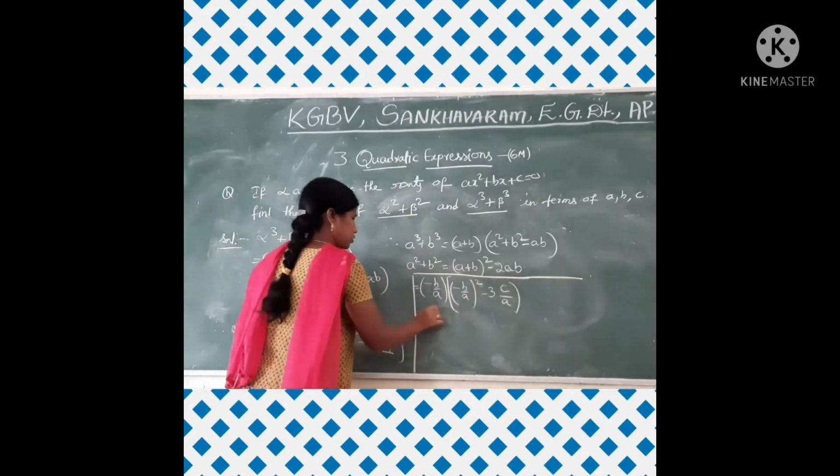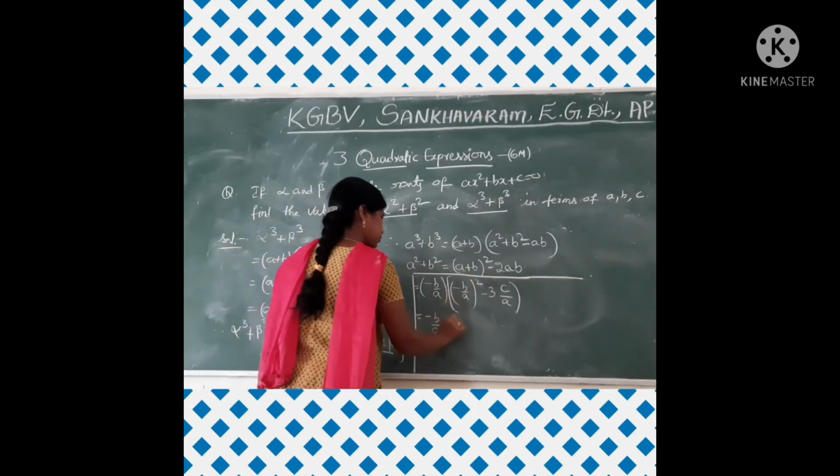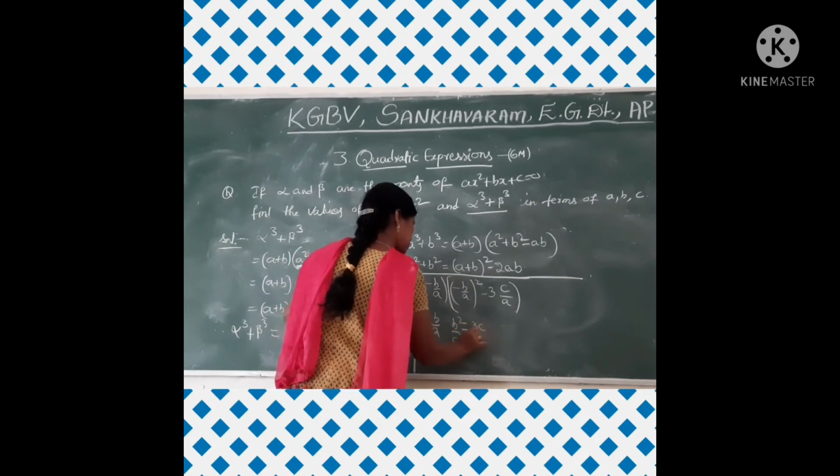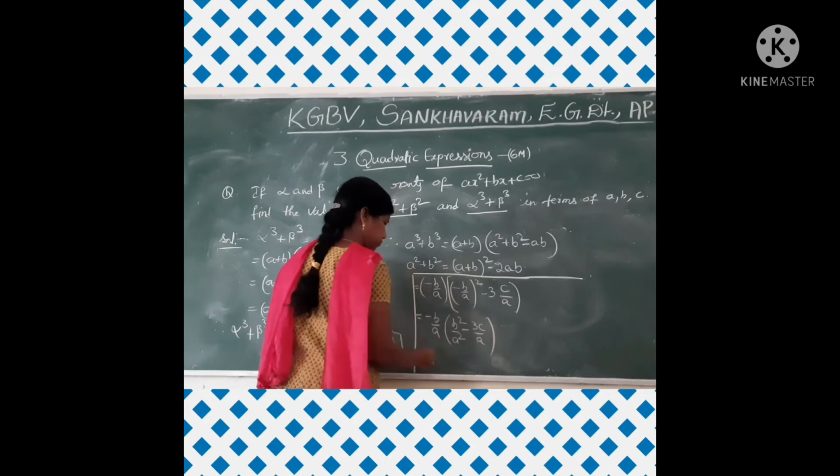Okay, minus b by a into b square by a square minus 3c by a.